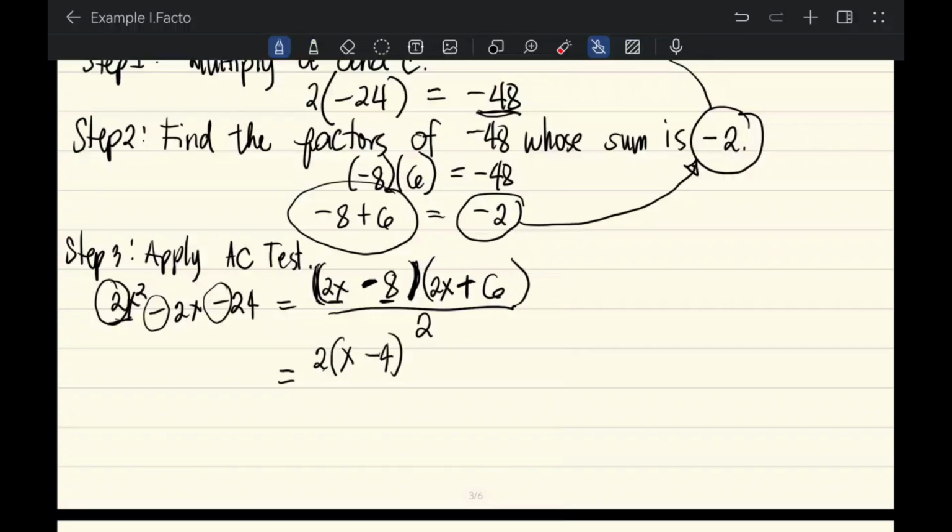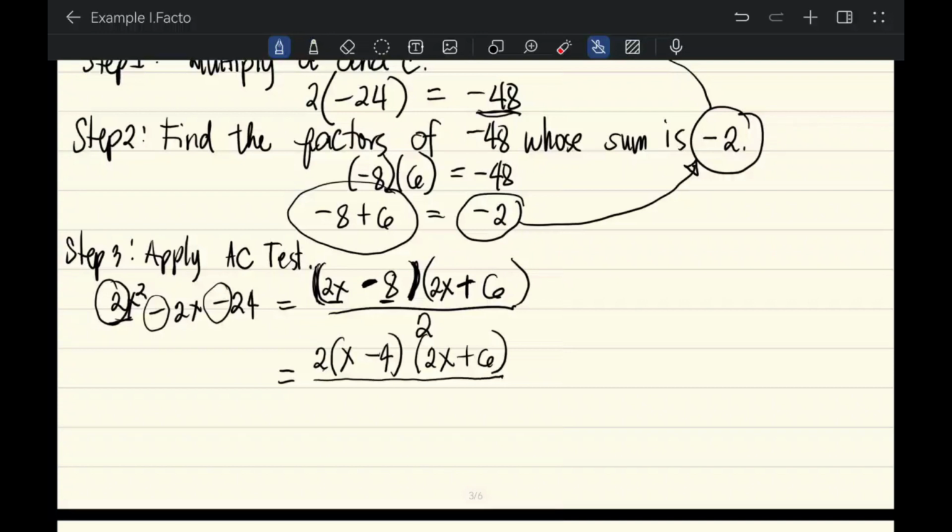Now, if one factor can already be simplified, there is no need to factor the second term for your trial and error.